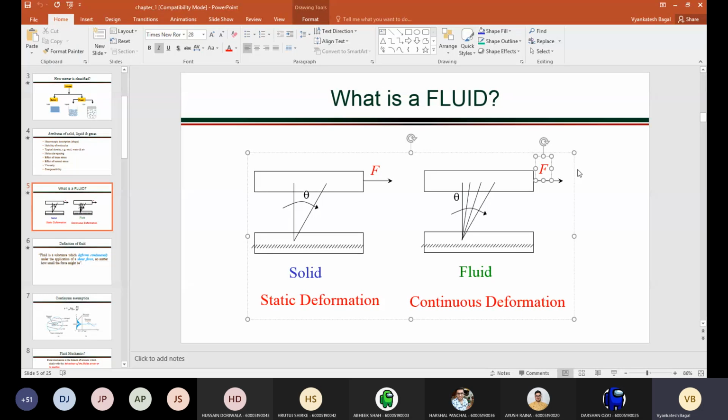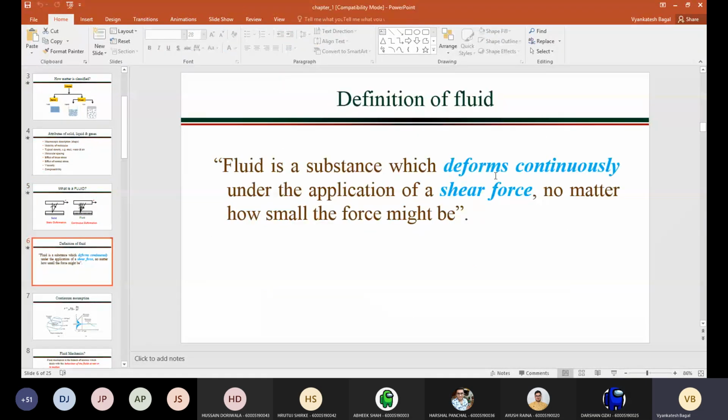Even if I apply a very, very small shear force, the fluid will start flowing, because we concluded from observation 1 that fluid cannot withstand shear.